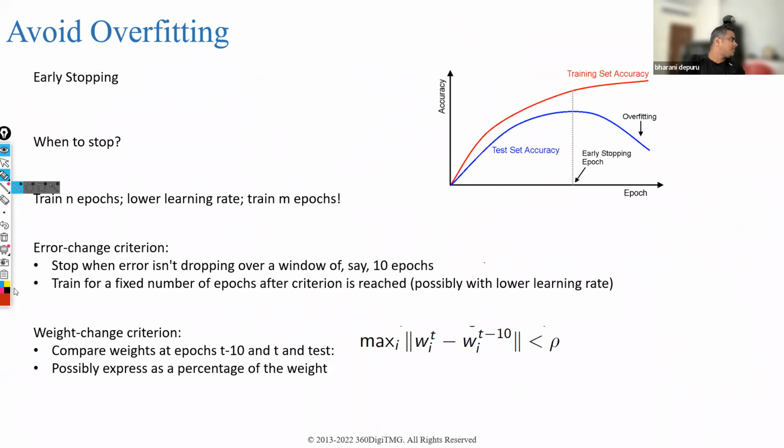Then you also have something called the weight change criterion. Okay, now say you have a neural network with an architecture like this. 1 weight, 2 weights, 3, 4, 5, 6, 7, 8. Say you have 8 weights.